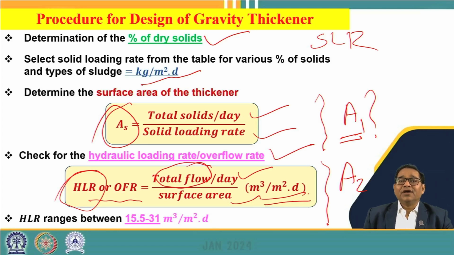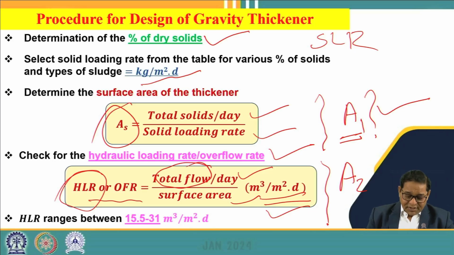Otherwise we can get the area and check for the hydraulic loading rate. Either process can be used for complying our design with both criteria. Here for this hydraulic loading rate, we have to check that it comes out in between the range 15.5 to 31 meter cube per meter square per day for primary sludge, or depending upon the sludge, this criteria can be replaced.